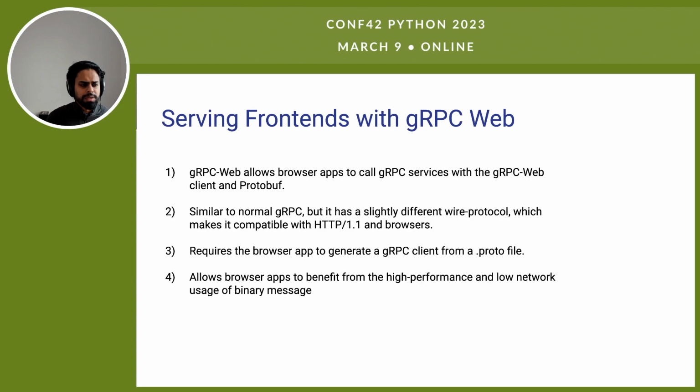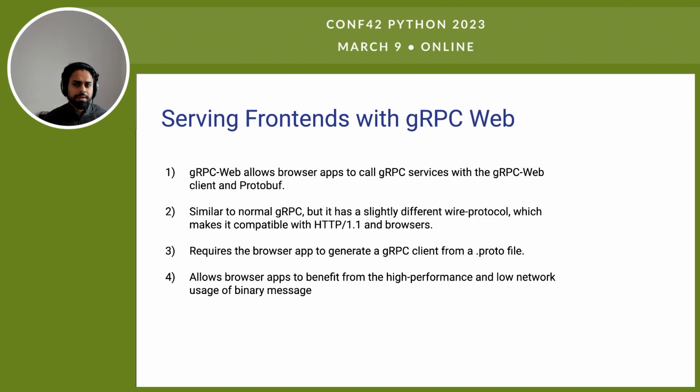The way this works is it requires the browser to generate a gRPC client from a .proto file, similar to what you would do with a regular gRPC client. That client lives on the web app, and the browser-based web app will make gRPC calls through that client.